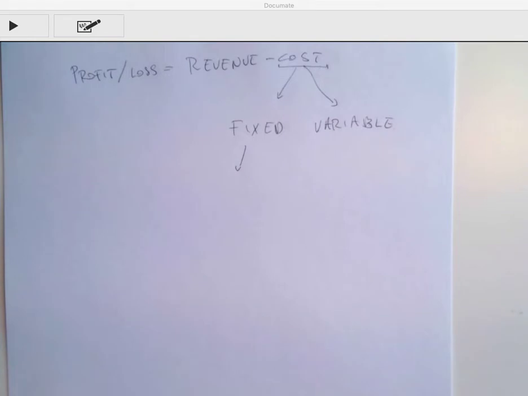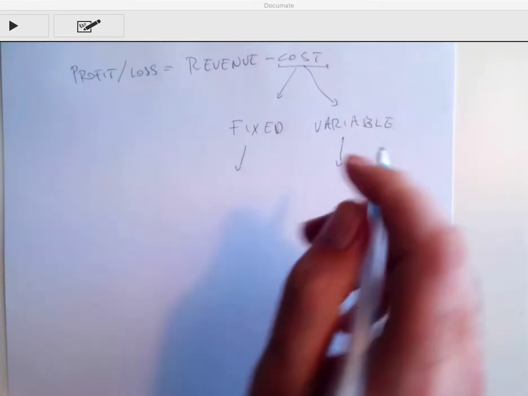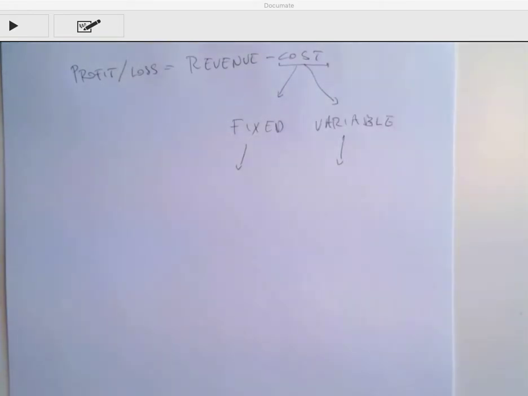Think about your rent. McDonald's is renting a place. We talked about McDonald's in the last chapter. It doesn't matter if they sell 100 or 2,000 Big Macs, the rent will be fixed. It doesn't change.